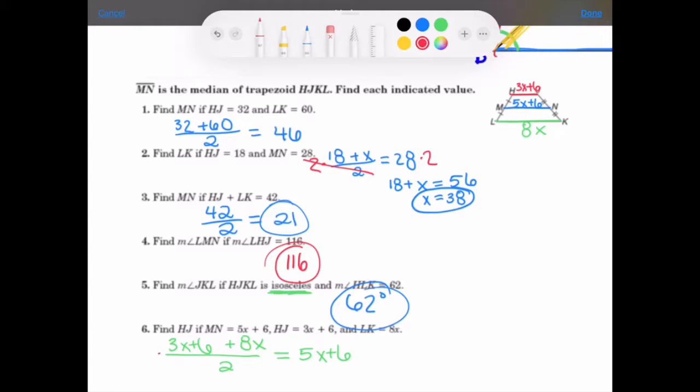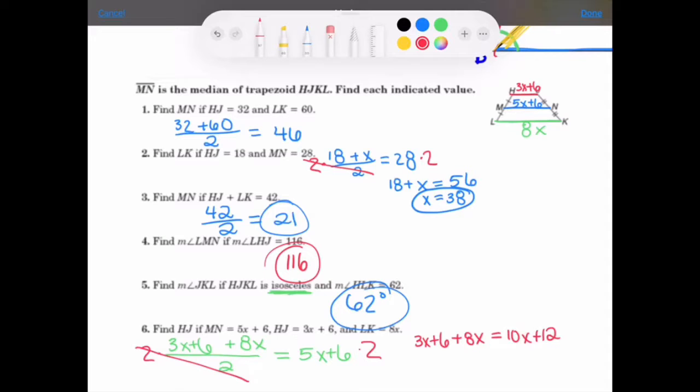So first we multiply by 2 on both sides, so it will cancel on the left, and we get 3x plus 6 plus 8x is equal to 10x plus 12. All right?